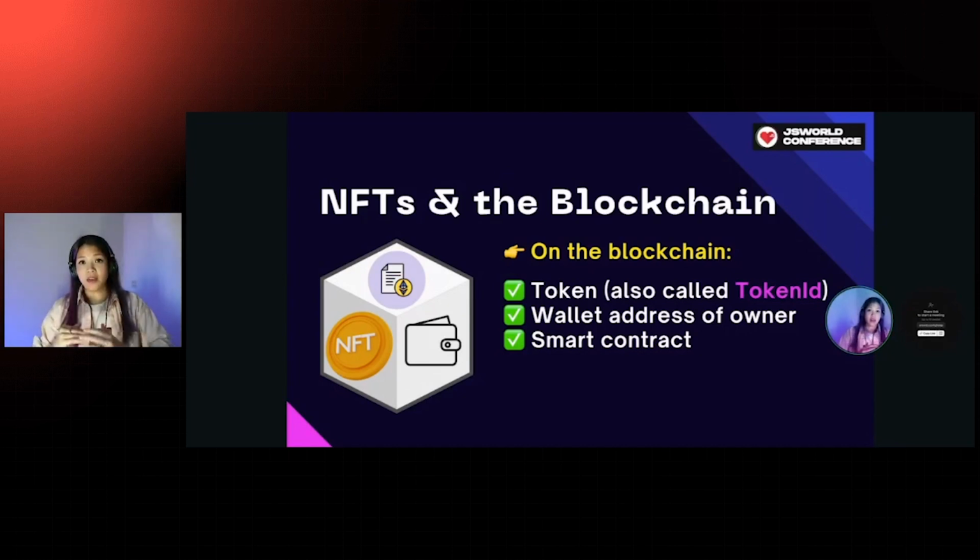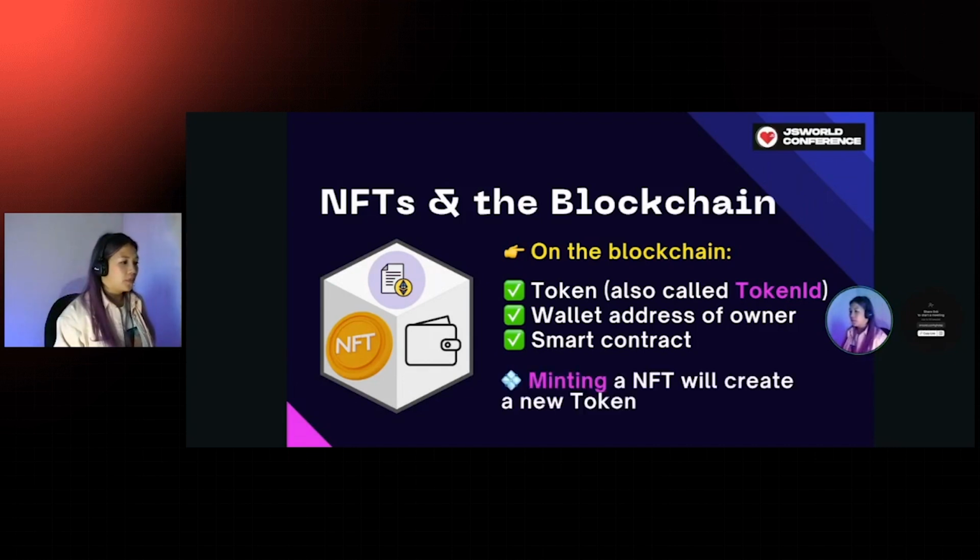Every NFT has a smart contract, and it works kind of like a real contract, but a little bit different. By the way, minting an NFT will always create a new token.